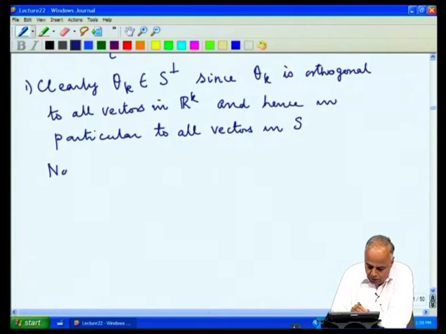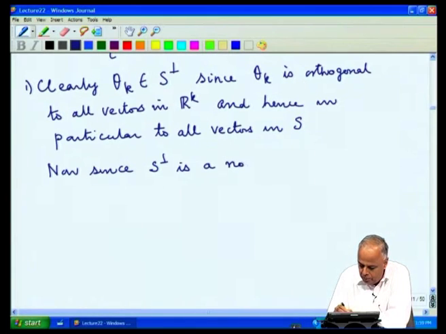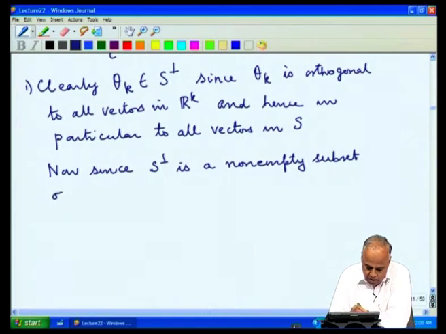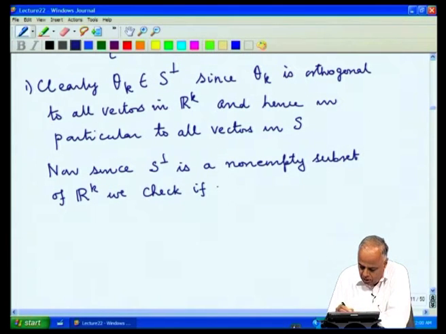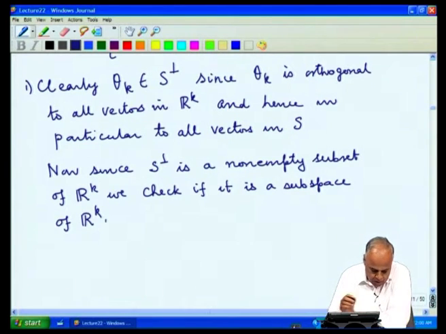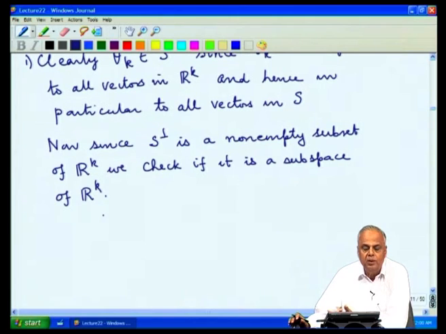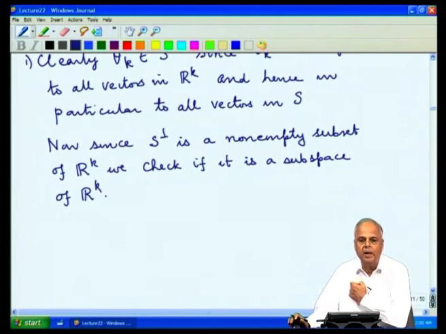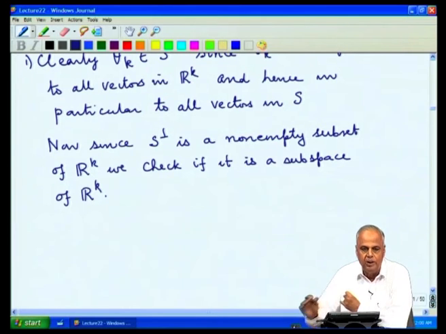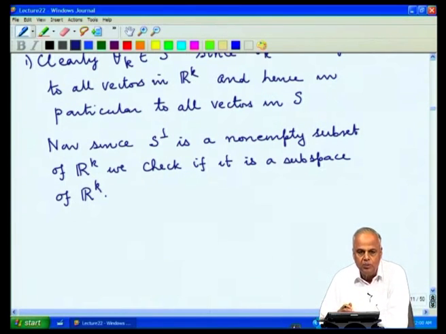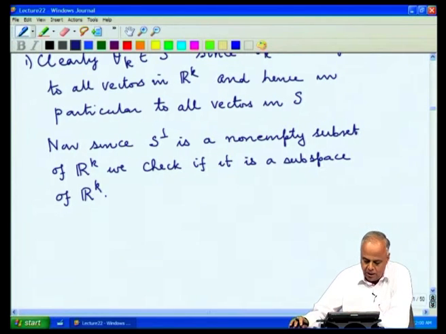Remember, any non-empty subset of R^k will be a subspace of R^k if it is closed with respect to the two basic operations of addition and scalar multiplication.